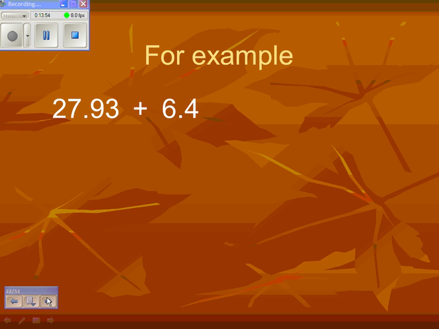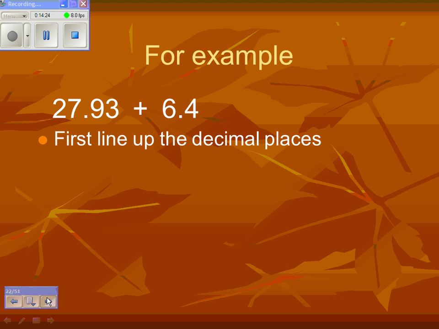So if I have 27.93 plus 6.4, I'm going to look for which one has the fewest decimal places, which is 6.4, and that tells me how many places past the decimal point my answer can be. Remember, it can only be as good as my least estimated number. So I can only go 1 place past the decimal point with my answer.